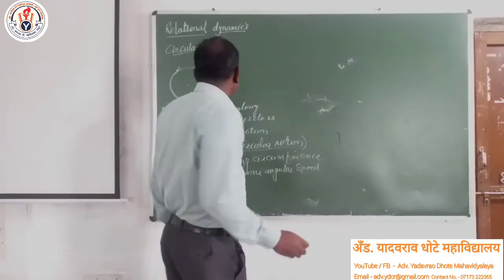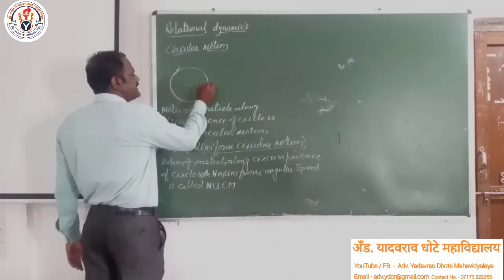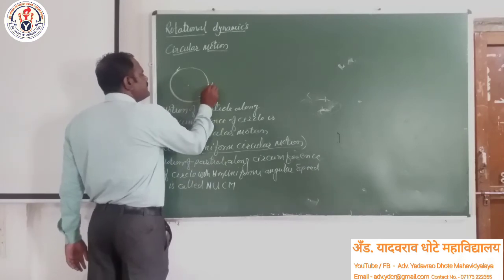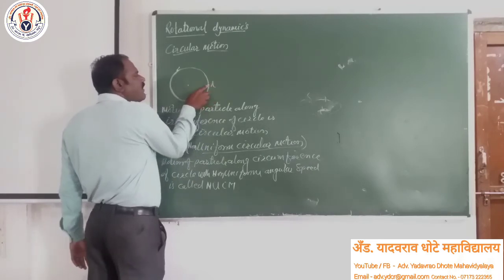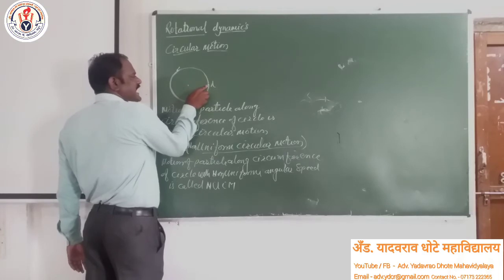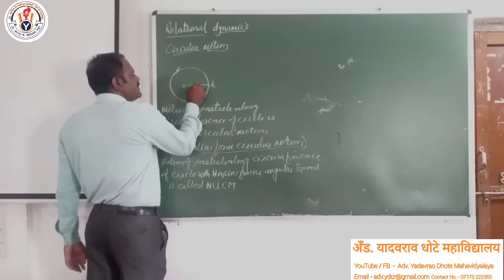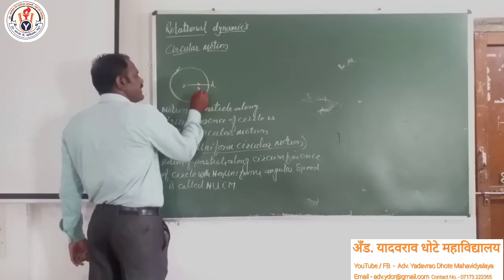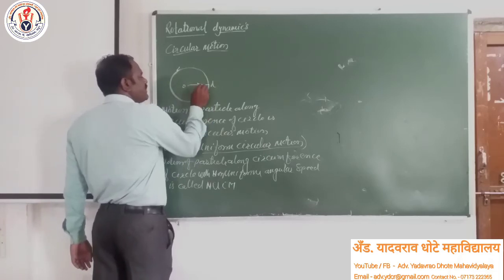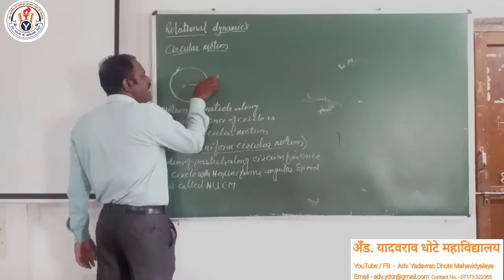As the particle describes circular motion, it lies on the circumference. If we consider the initial position of the particle at position A and join it with respect to the center, we get the radius. Now we call the radius the radius vector, because it has magnitude and outward direction.